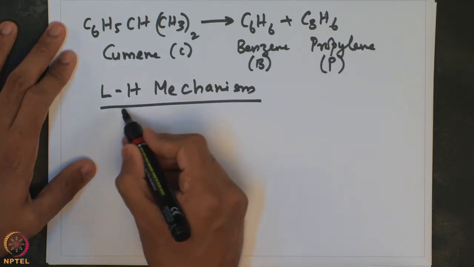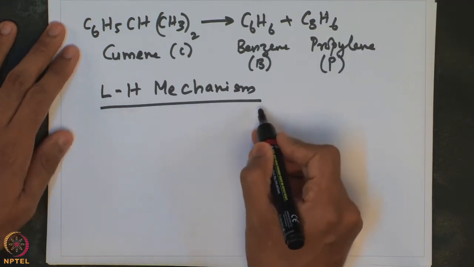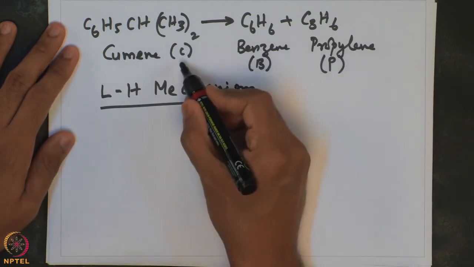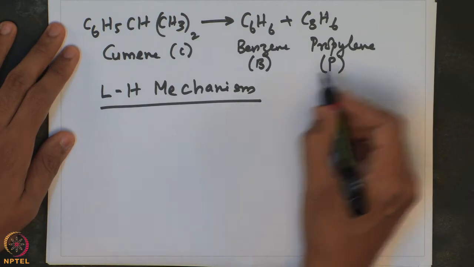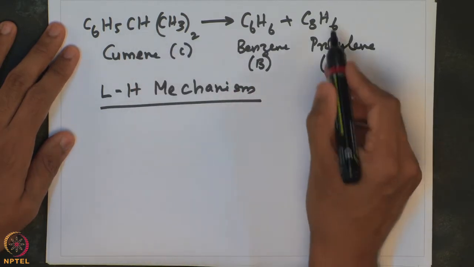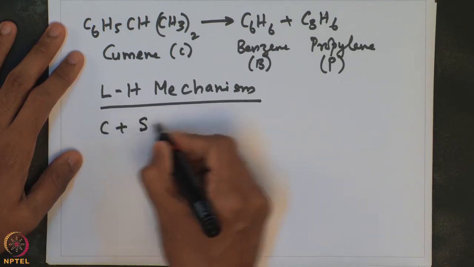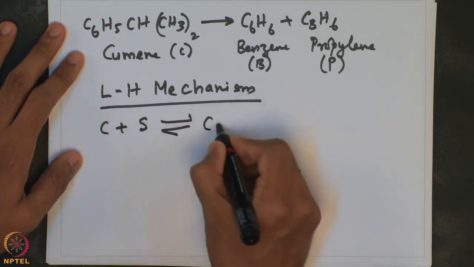So, let us start by assuming that the Langmuir-Hinshelwood mechanism captures this catalytic reaction of C giving B plus P, where C is cumene, B is benzene and P is propylene. So, let the detailed mechanism be: cumene adsorbs onto the active site.